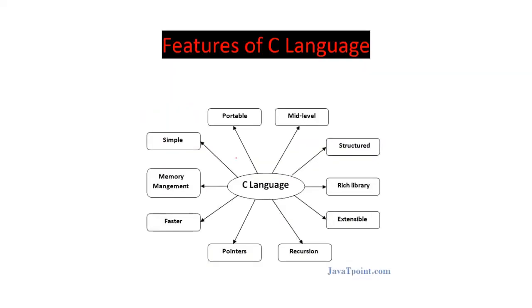So coming to the next point, features of C language. Firstly, portable, mid-level, structured, rich library, extensible, recursion, pointers, faster, memory management, simple. These are called features of C language. So let's discuss briefly.